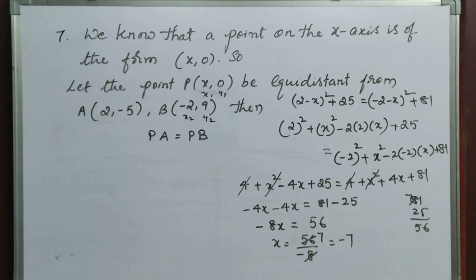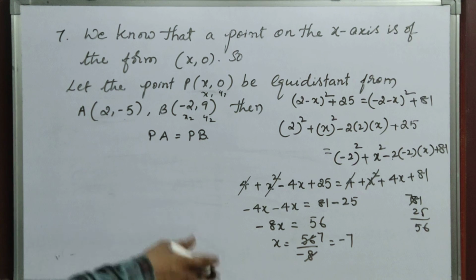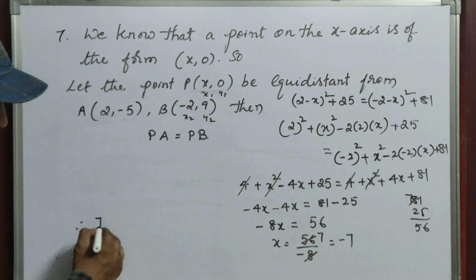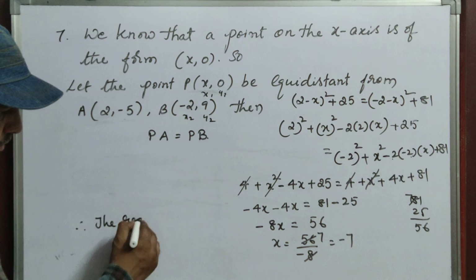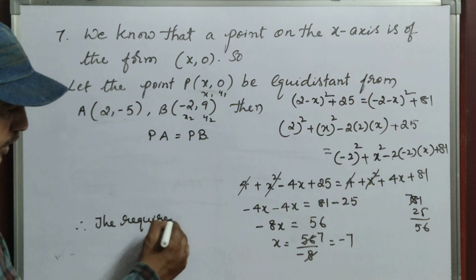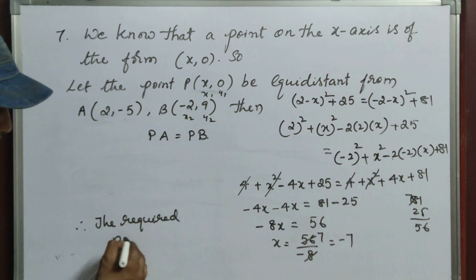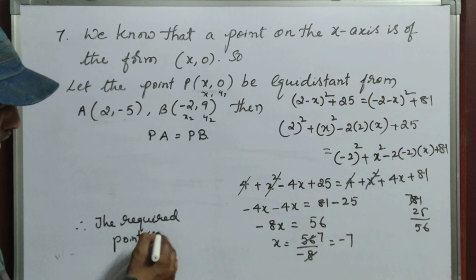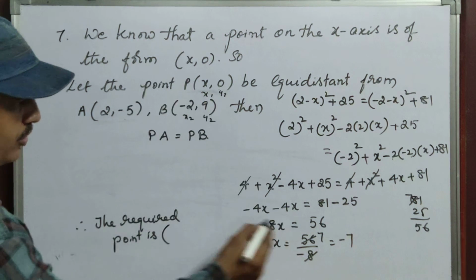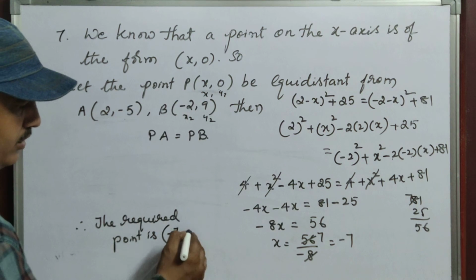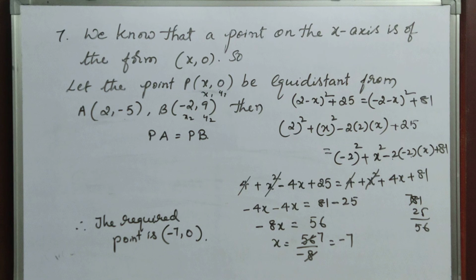Therefore, at the end you write, the required point is x comma 0, which means minus 7 comma 0. Okay? Is it clear, children?